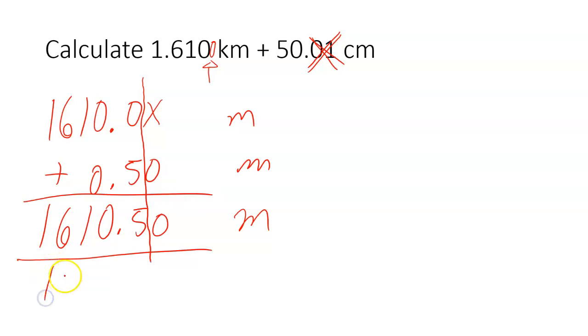So the answer will be 1610.5 meters. Now we are keeping the significant figures. But remember, we're really keeping the one that has the least amount of decimal places. That is the one that is controlling us in this case.